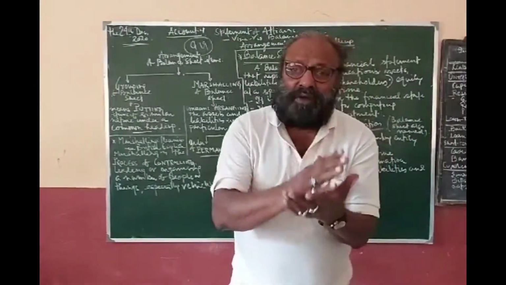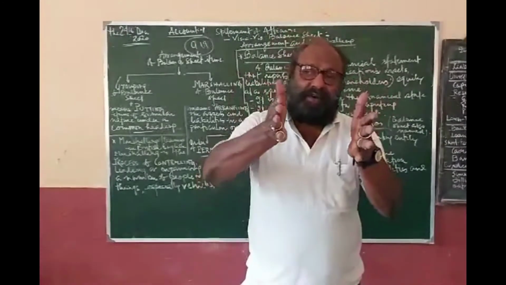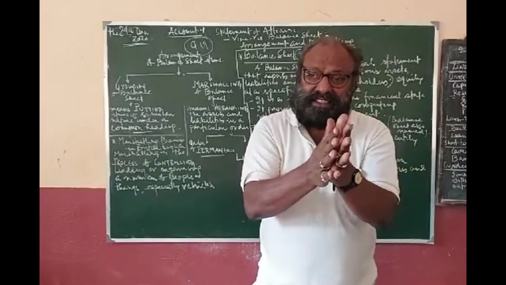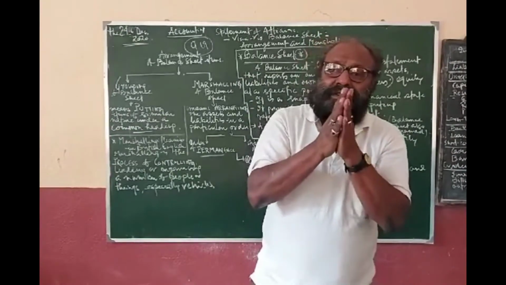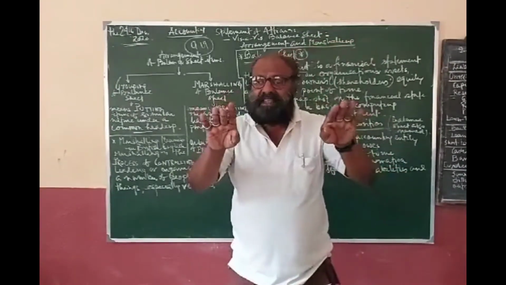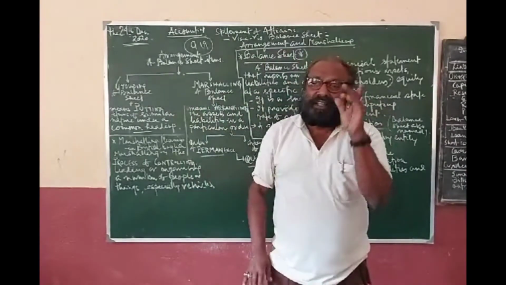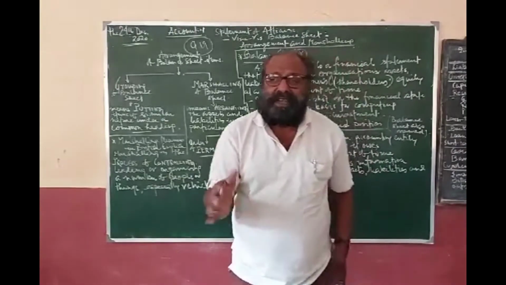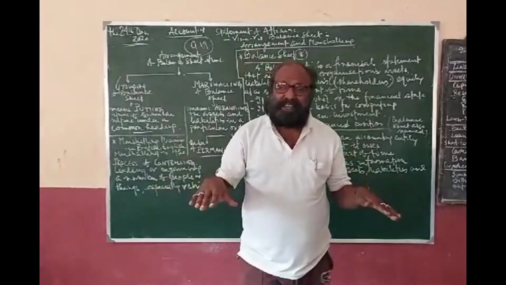In summarizing, we get all the ledger balances, and we segregate the balances into two parts. One is debit balance and the other one is credit balance. And both the sides are equal.